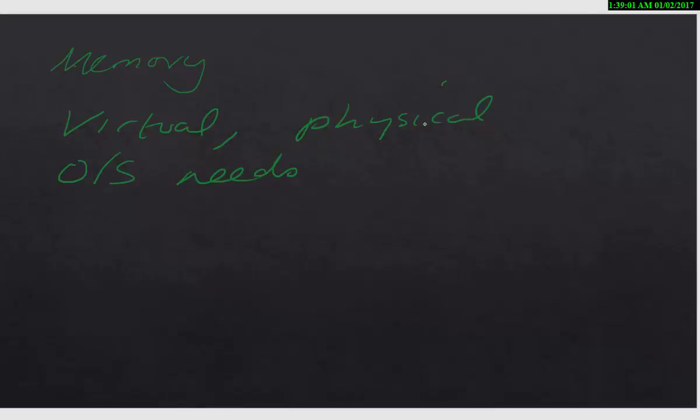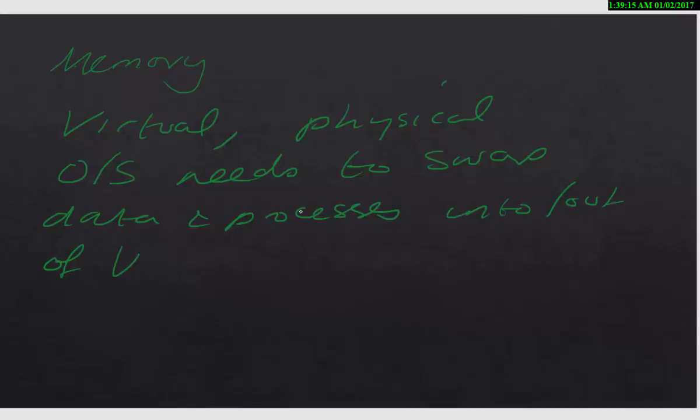In terms of memory, you have your virtual memory, you have the physical, and the operating system needs to swap data and processes into and out of VM and manage it.